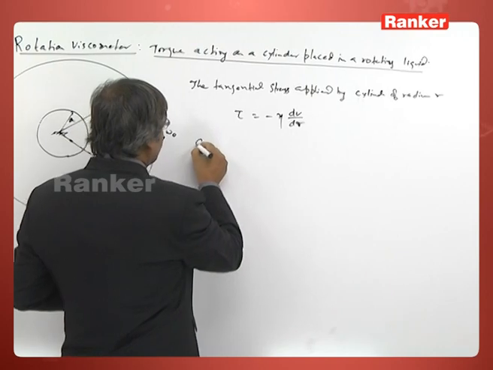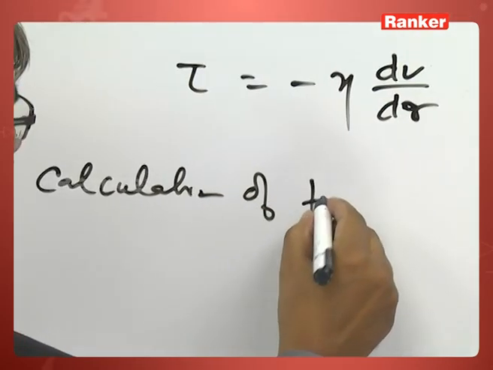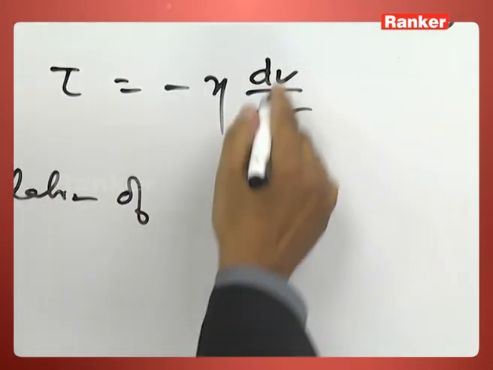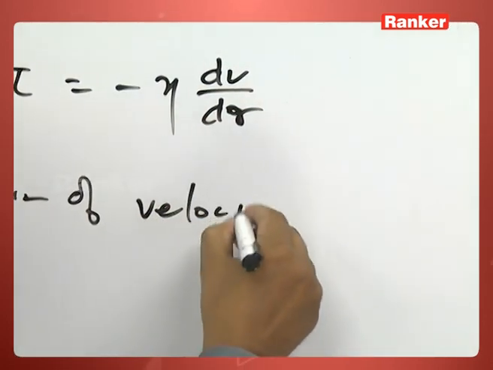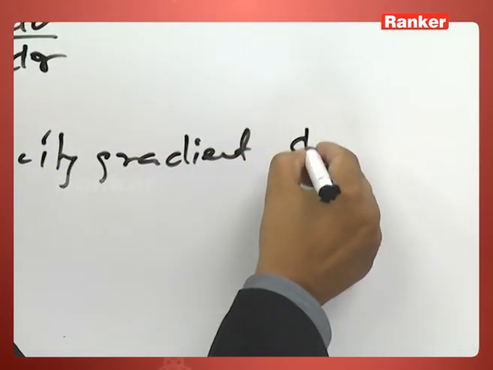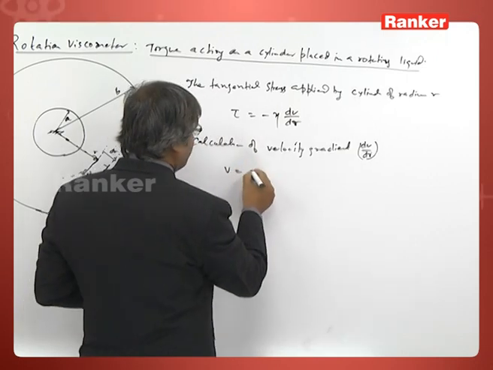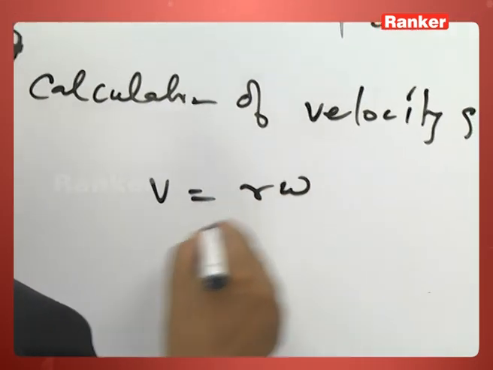So, now calculation of this velocity gradient. So, now we will calculate the velocity gradient. Now, we have v is equal to r omega.